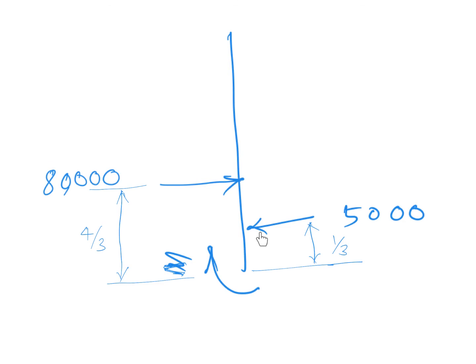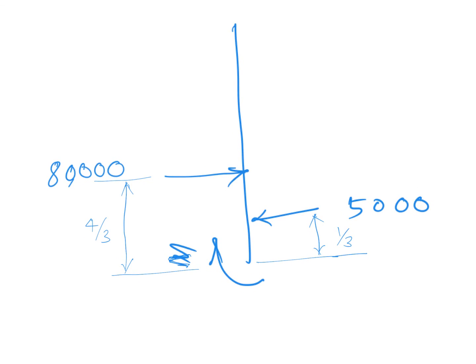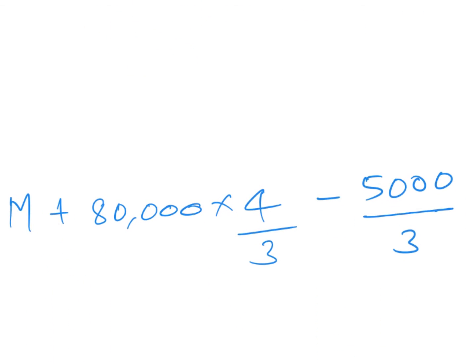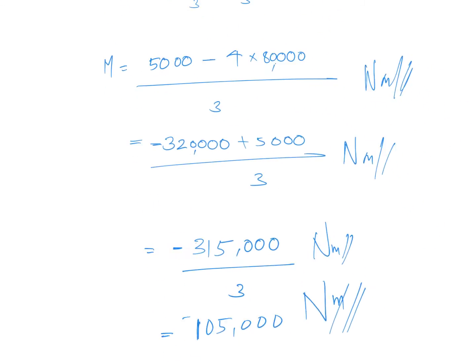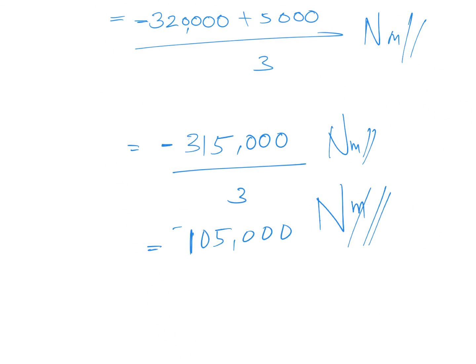Even though there is this one trying to oppose it, the maximum bending moment will be felt at this section. It's simply a plug and chug business for the rest. You sum up the moments about that point, you get the bending moment acting at that section, and that will amount to something like 105 kilonewton meter.